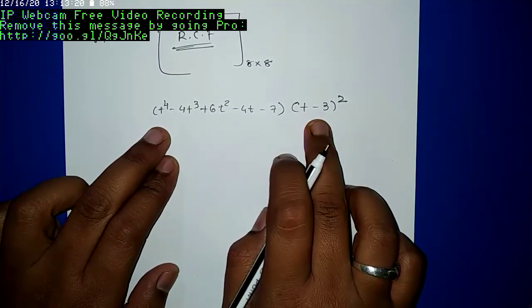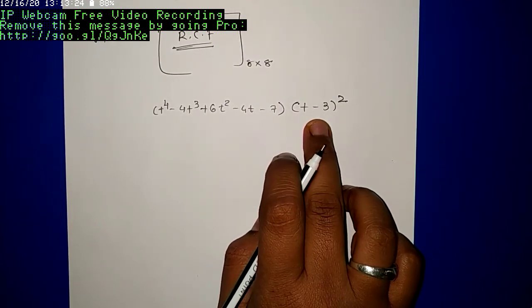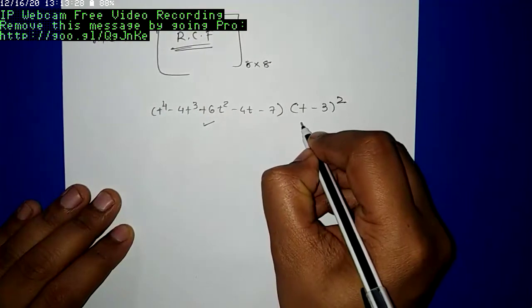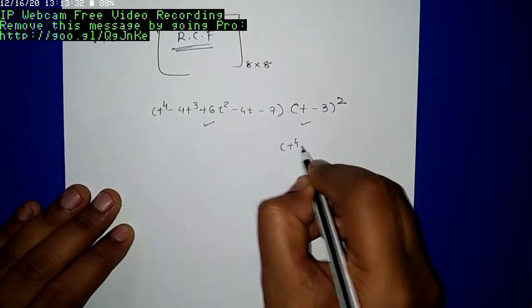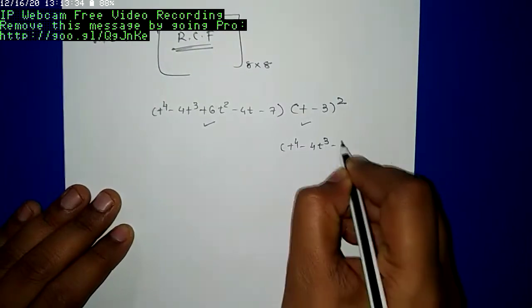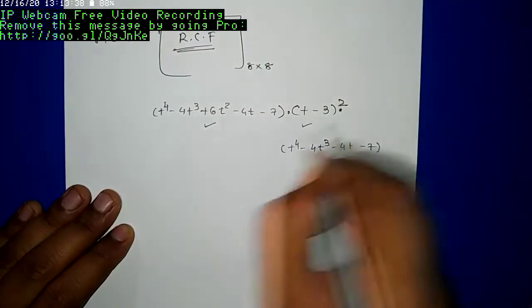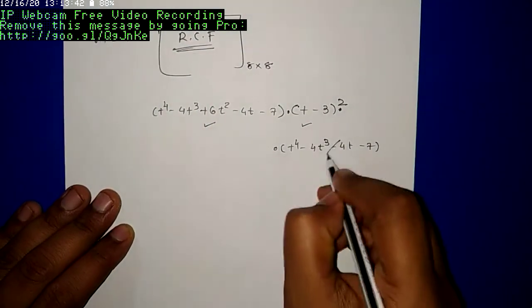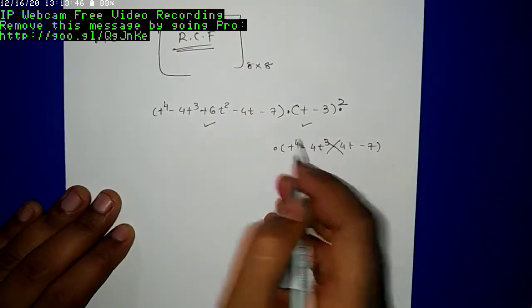So we only need a degree 2 factor. So we include this, and can we include this? So multiply this and multiply this. Obviously this is not possible, because the degree 4 plus 4 is already 8. So this is not possible.